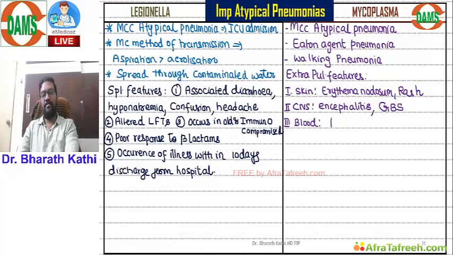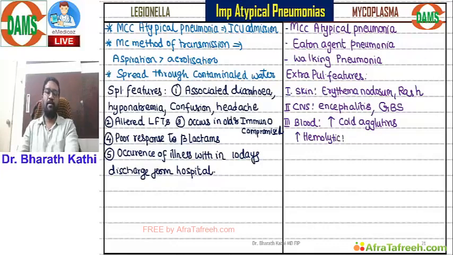Mycoplasma has tendency of some autoimmune phenomena. There can be increased cold agglutinins. These cold agglutinins are some specialized autoantibodies, and because of this autoimmune phenomena, there is also a tendency to cause hemolytic anemia.